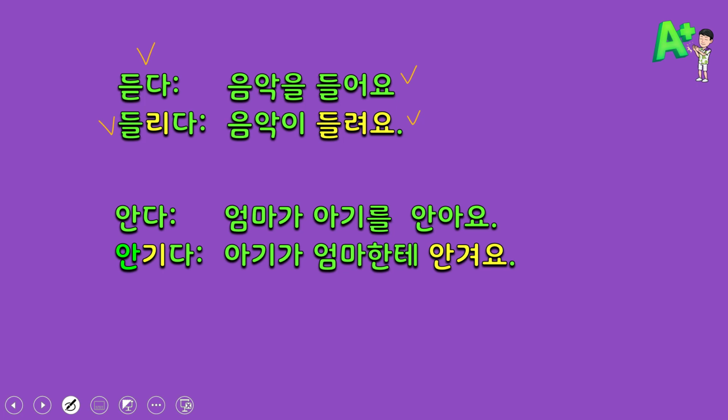In a way, it kind of makes sense because if you say, I can listen to music, you're talking about your capability of being able to listen. Here, 음악이 들려요 is you're not really trying to listen to the music, you are just hearing the music. So, in a way, it kind of makes sense to use the passive voice.